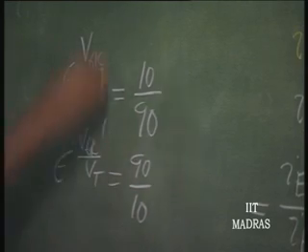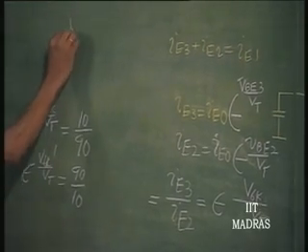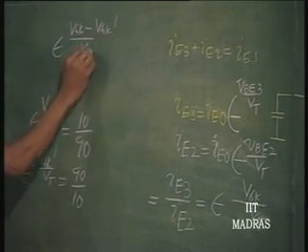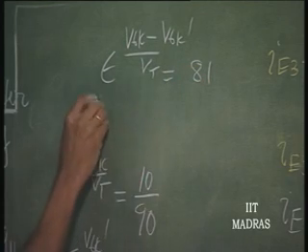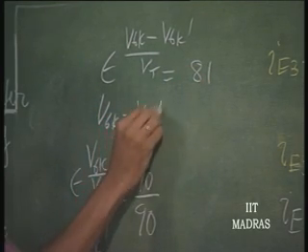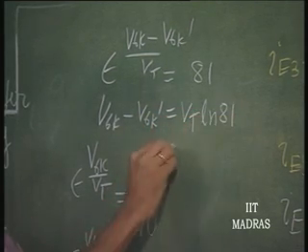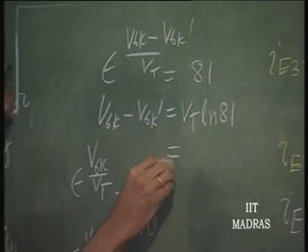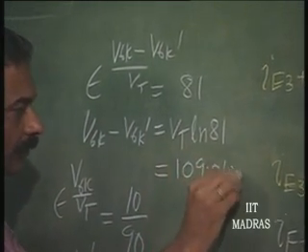If one is divided by the other, we get V6K minus V6K prime by Vt equal to 81, or V6K minus V6K prime is equal to Vt log 81, which is equal to 109.86 millivolts.